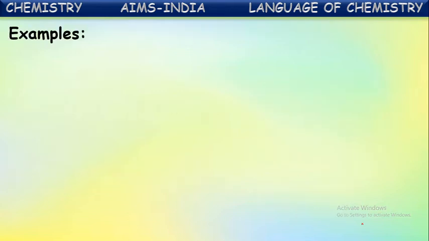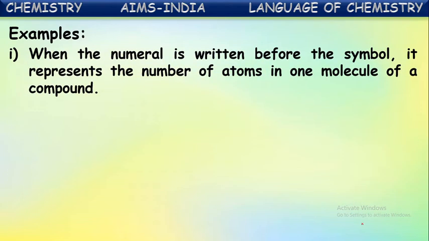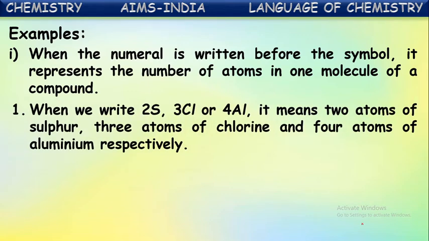For example, when the numeral is written before the symbol, it represents the number of atoms. If you say when we write 2S, 3Cl or 4Al, what do they represent? It means 2 atoms of sulfur, 3 atoms of chlorine and 4 atoms of aluminium respectively.